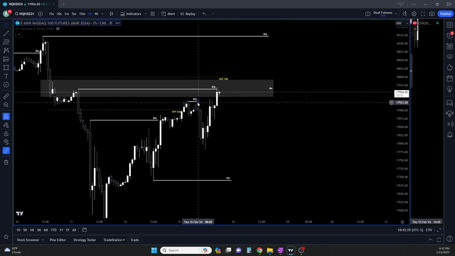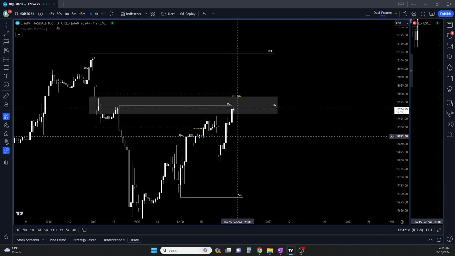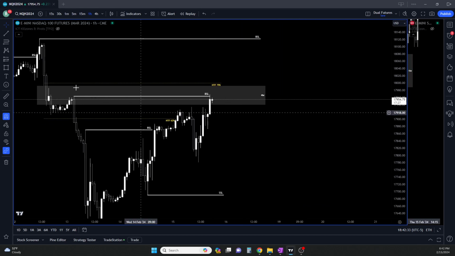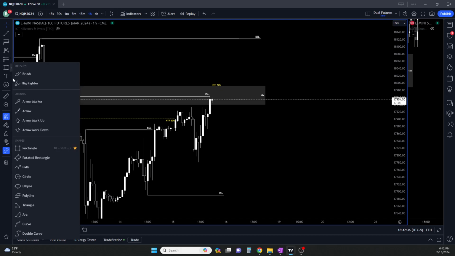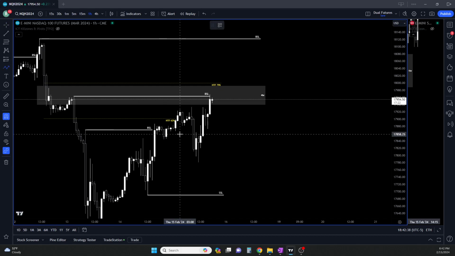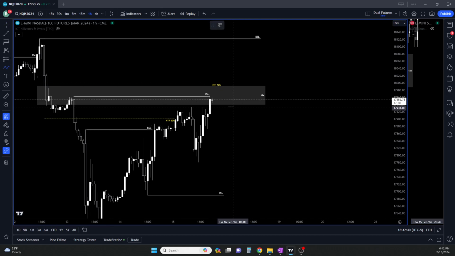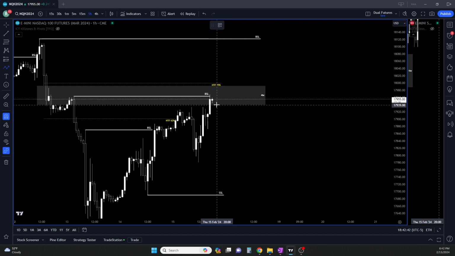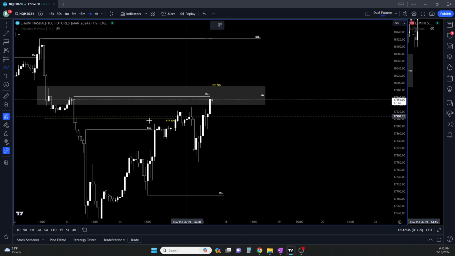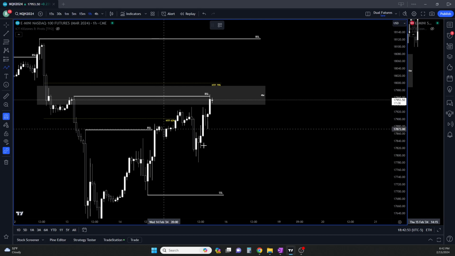So going into tomorrow, I'm going to be very careful, but I'm not taking shorts off the table. I definitely think this could turn into a sell model, but I'm just going to sit on the sidelines for a while like I did today and wait until I'm confident in what I'm looking at.